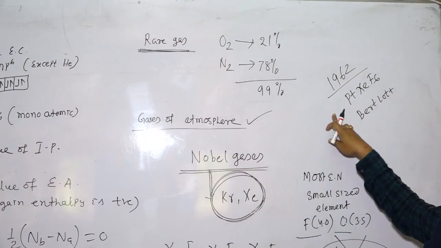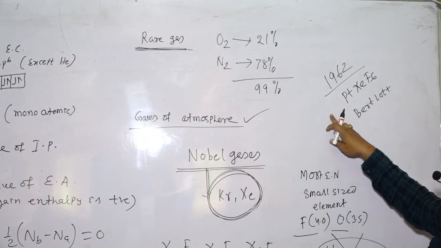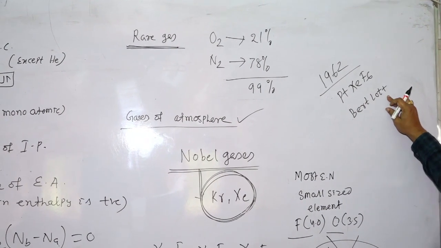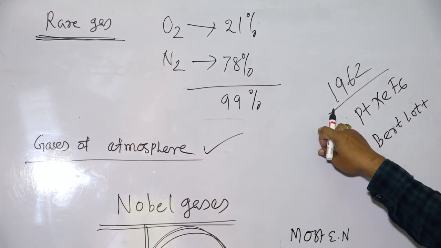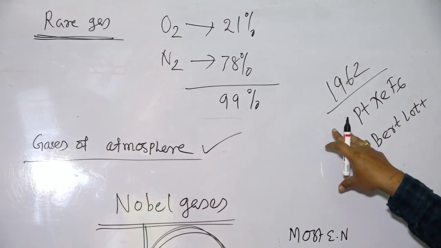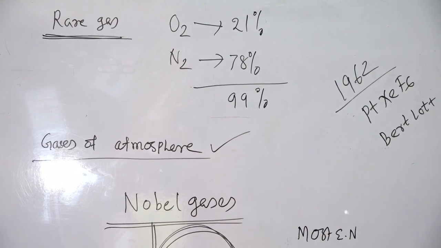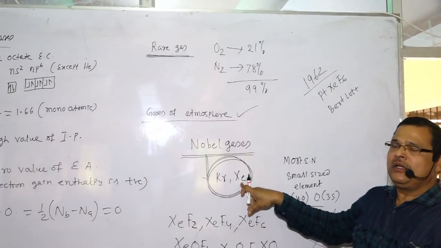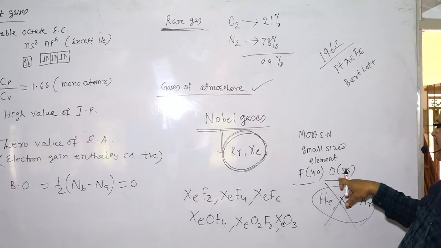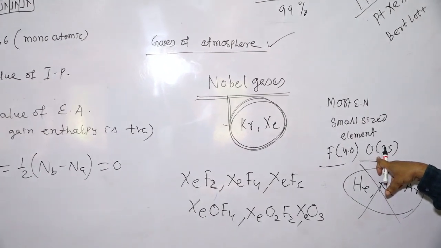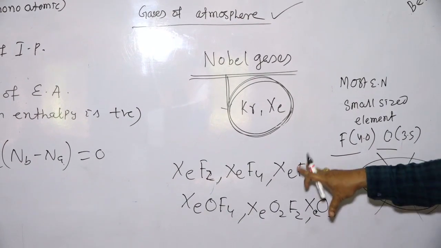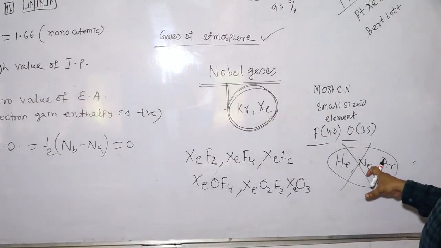Because the first compound was detected by Bartlett, PtXeF6, in 1962. So scientists believed that compounds of xenon may be possible with fluorine and oxygen, which are more electronegative. In the coming class, we will discuss the structure of these compounds, and why the other elements have no ability to form compounds.